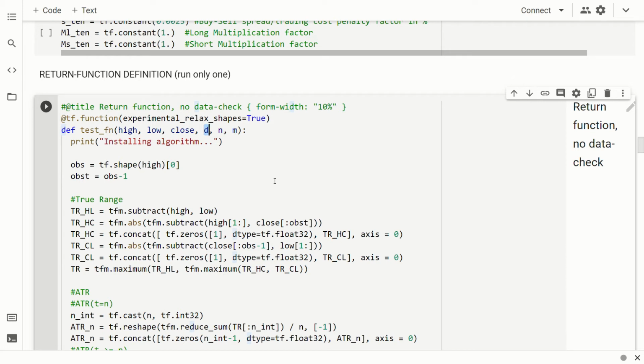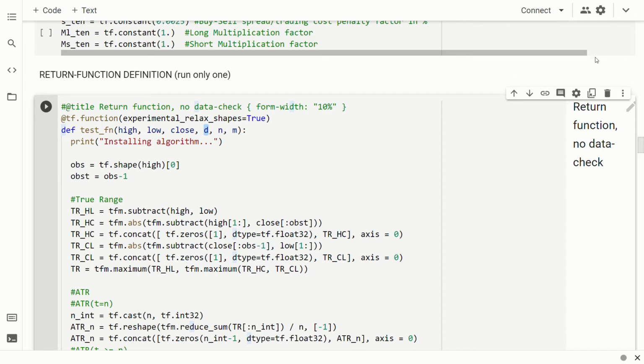Let me explain. The ATR function tends to generate a lot of false signals. In this case, we are using a moving average in order to drop some of the false signals that can be generated by the ATR.